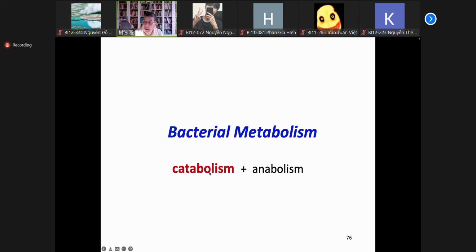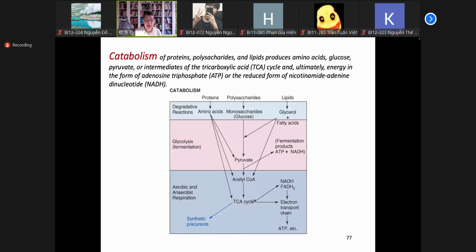To degrade nutrient to generate energy. So we know there's a catabolism, right?